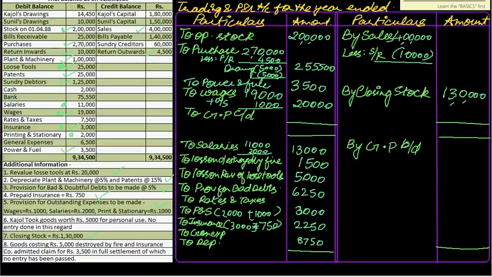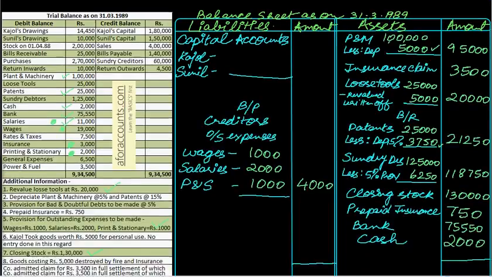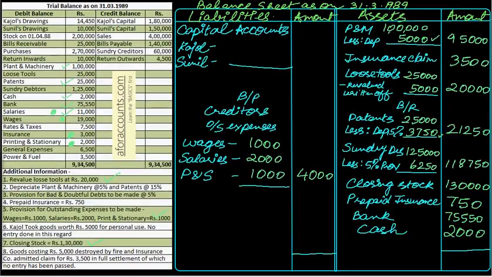So take them to the balance sheet. See, your bills payable is written as 1,40,000. So 140. Okay. Sundry creditors 60,000. So creditors 60,000.